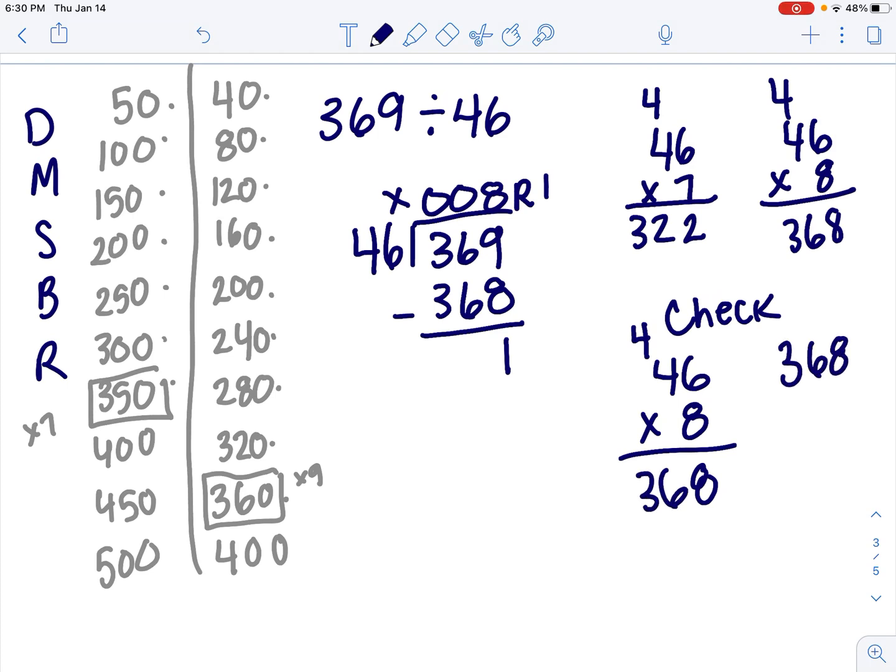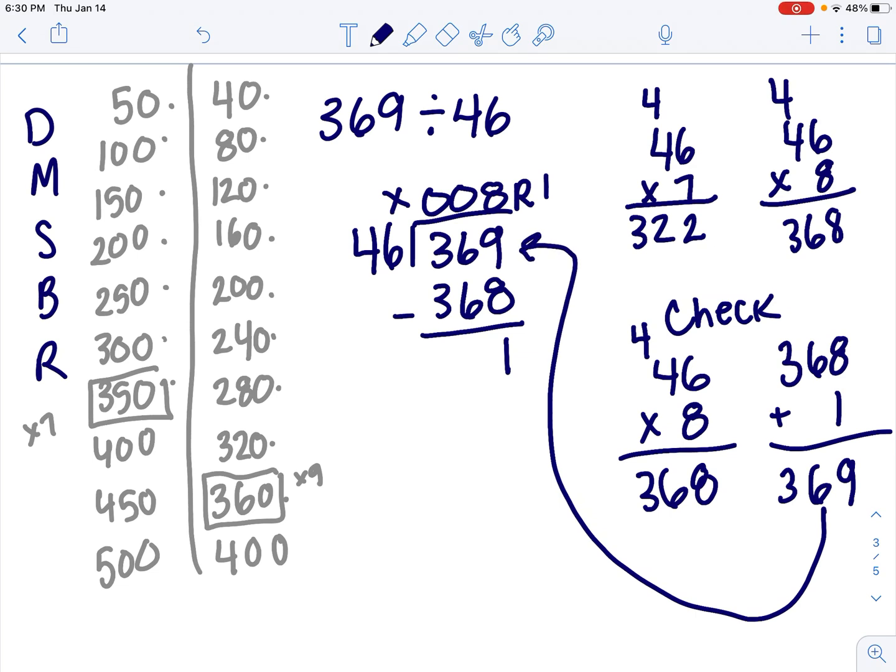Then we need to take that 368 and add our remainder of 1. 8 plus 1 is 9, 6 plus nothing is 6, and 3 plus nothing is 3. 369 matches what's under our division house, our dividend. So this problem works out. We can circle our answer now, 8 remainder 1.